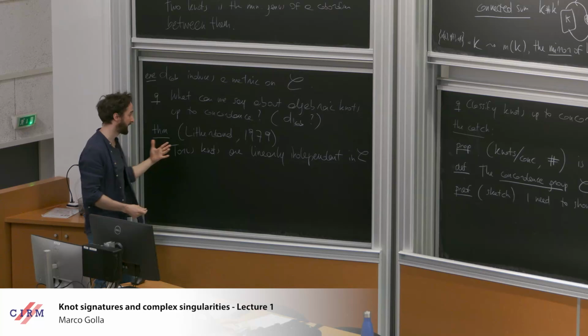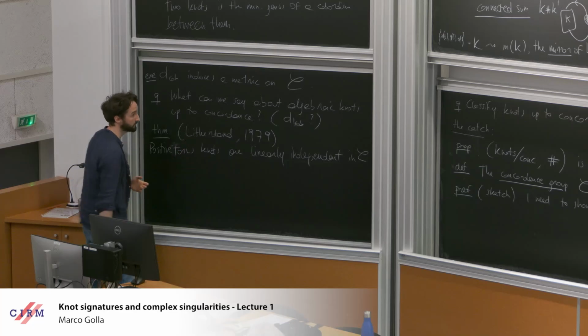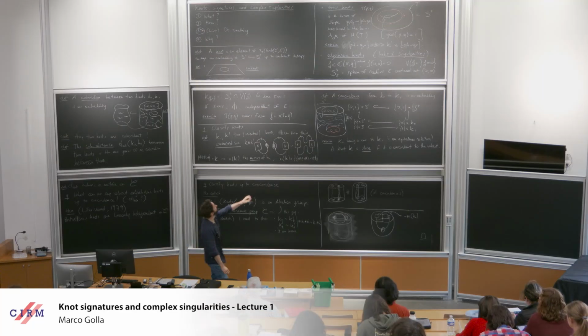So this cannot be true unless I specify something more. So I need to say positive torus knots, where positive refers to p over q being positive.